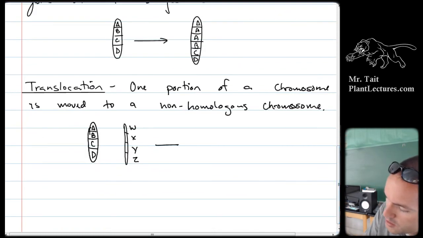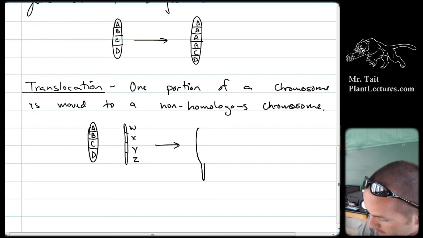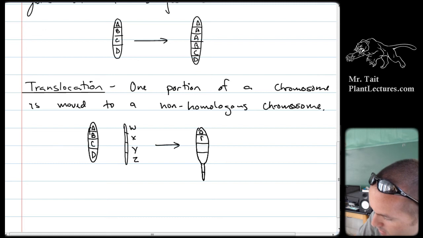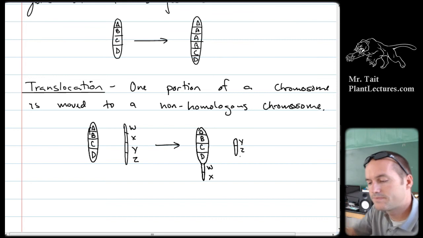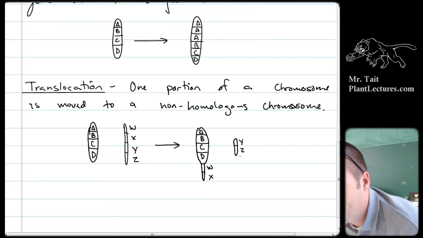Okay, and then there's a weird translocation here where you end up with A, B, C, D, and then W, X, and then Y, Z are over here. What's the result here?